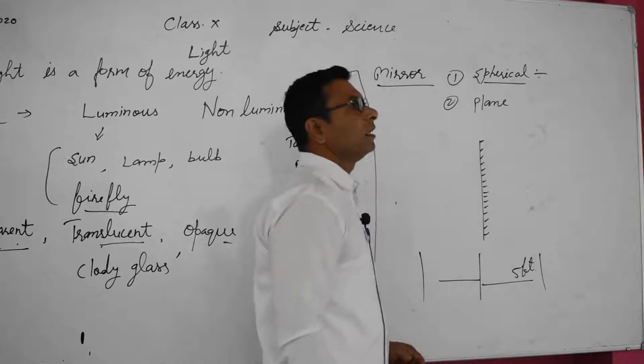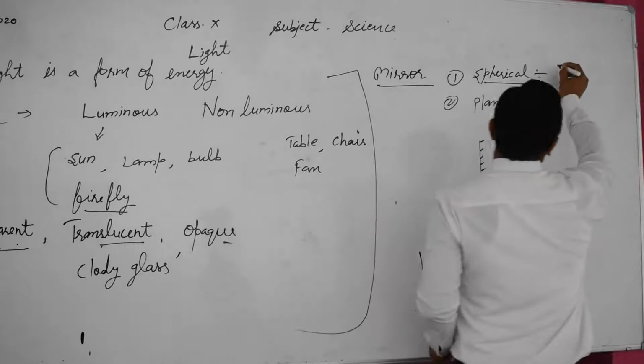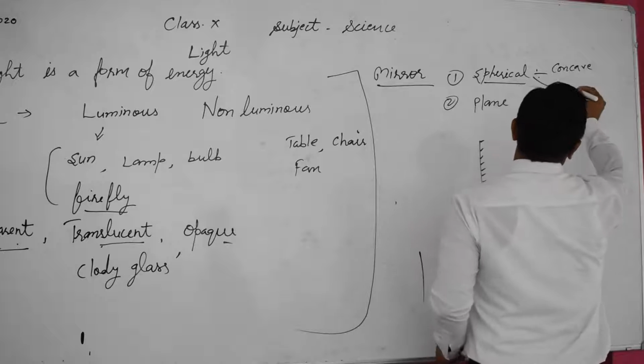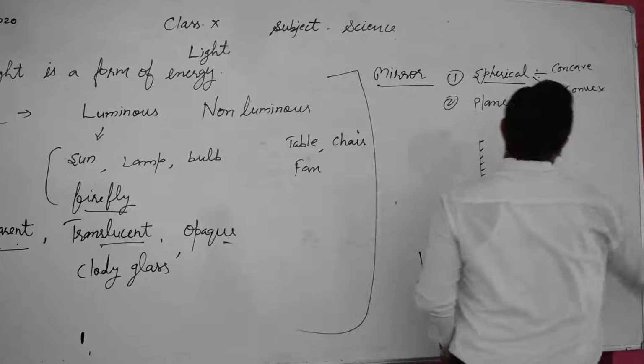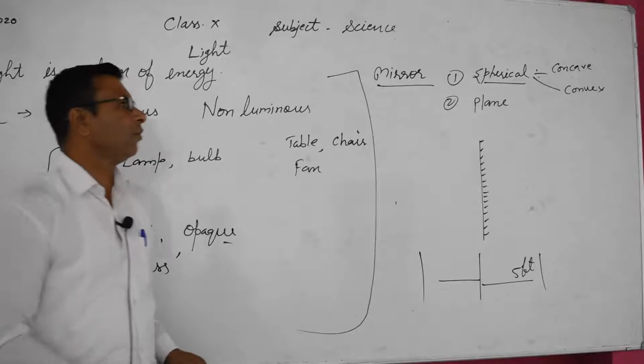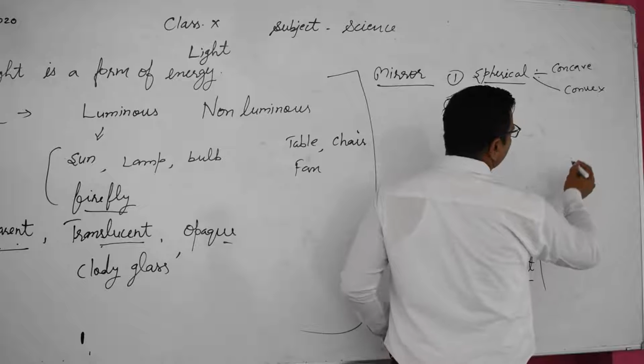Spherical mirror we can divide into two types. First is concave mirror, and second is convex mirror. And now we can identify concave mirror and convex mirror.